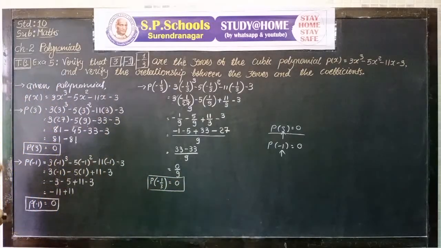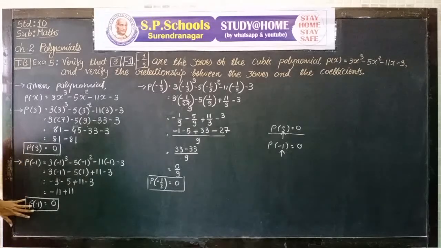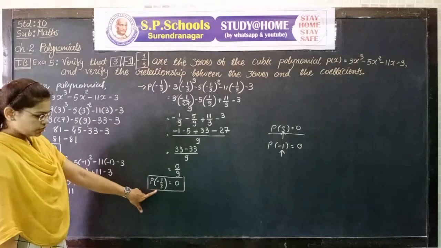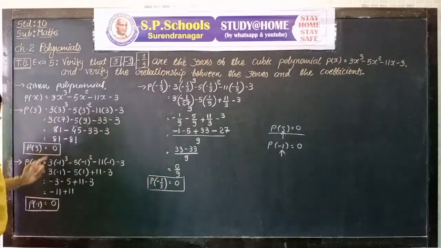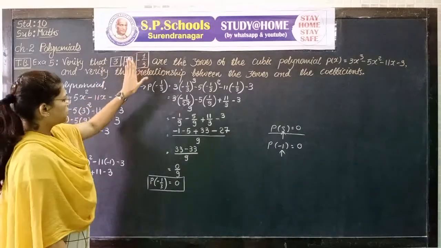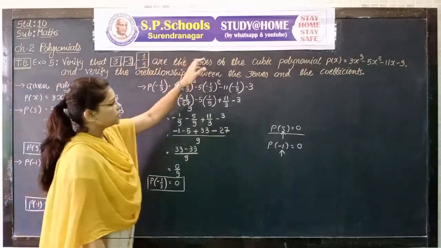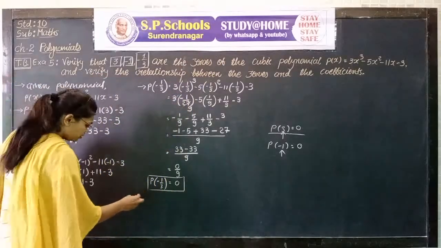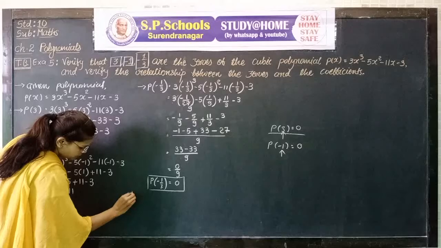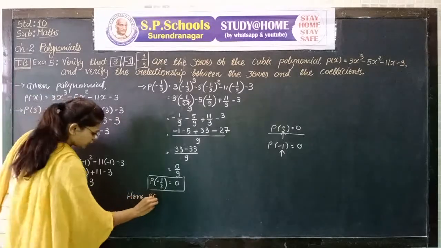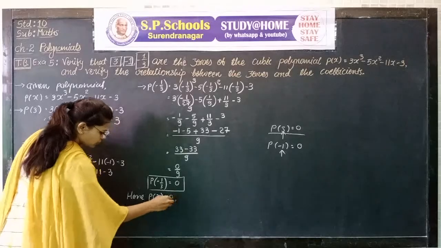Here we obtain 3 different values of this polynomial, at 3, at minus 1 and at minus 1 upon 3. In all we get 0. That's why we can say that 3, minus 1 and minus 1 upon 3 are the zeros of this cubic polynomial. The first question is verified here. P of 3 is equal to 0.